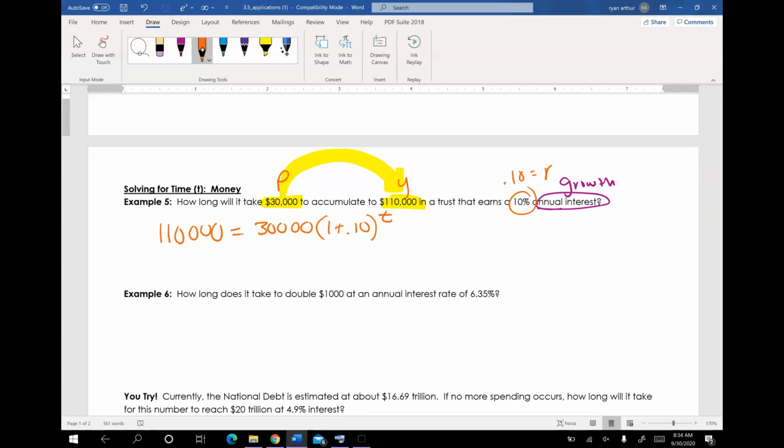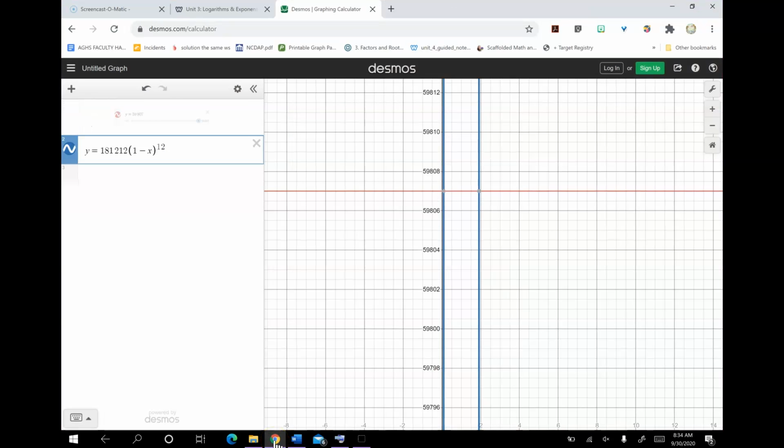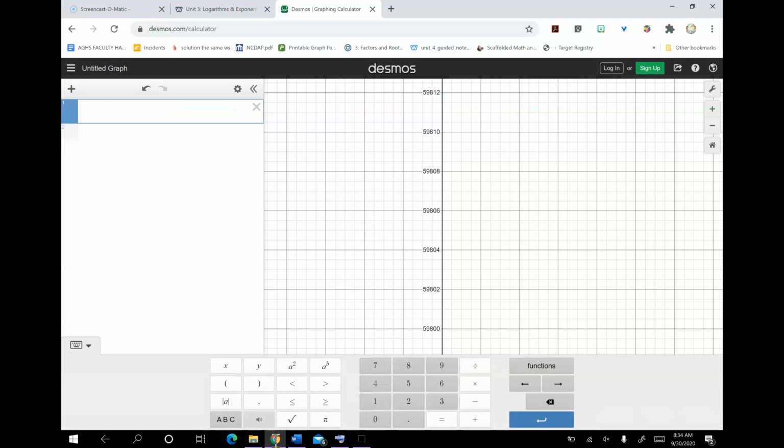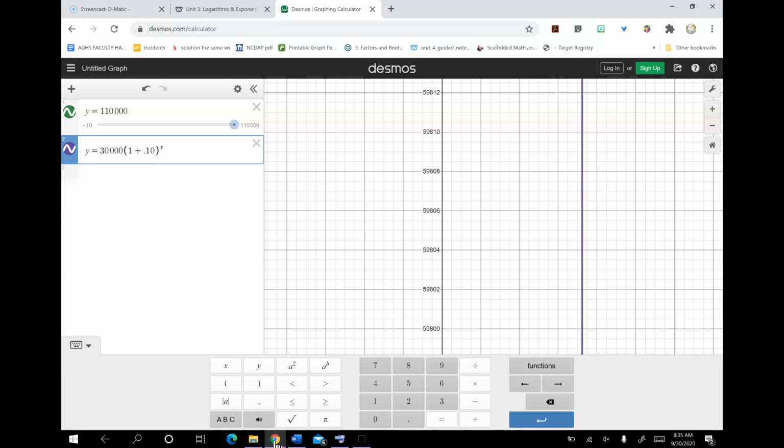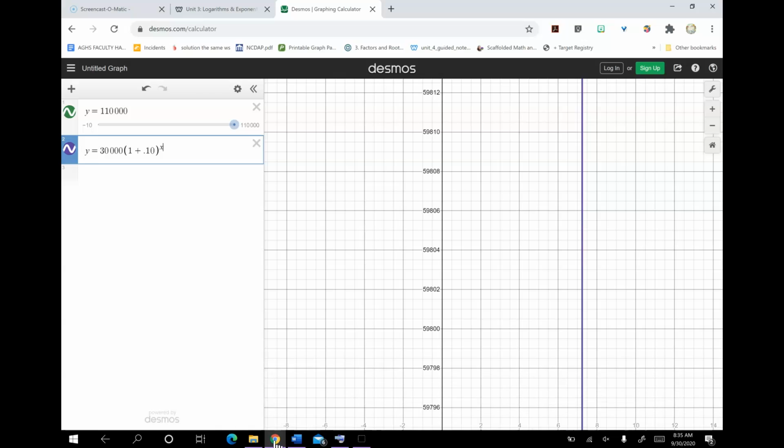Okay, all right, so let's pull up Desmos. So I've got y equals 110,000, and then line 2, y equals 30,000, make sure I type all those zeros in right, and then it's 1 plus 0.10, and I raise it to the T, but we're going to say x. I don't need to go home because I got to go higher.